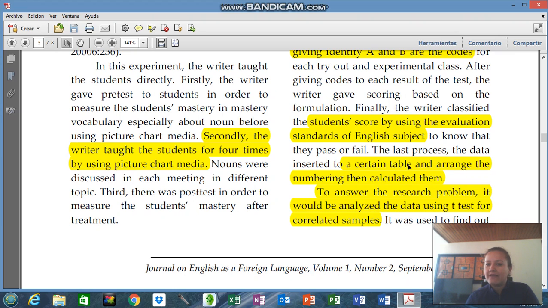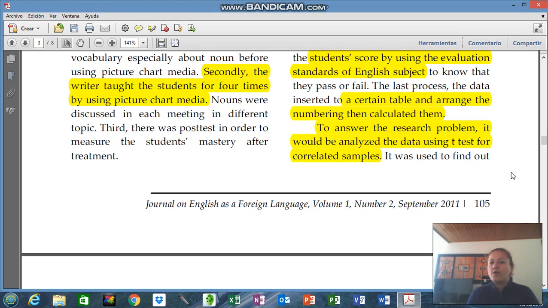A certain table arranges the numbers, then they calculate them. What happened here? There is another part. After they were evaluated, these numbers were put into the table and used for the calculations.